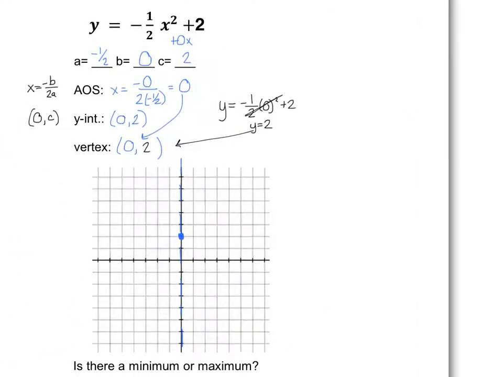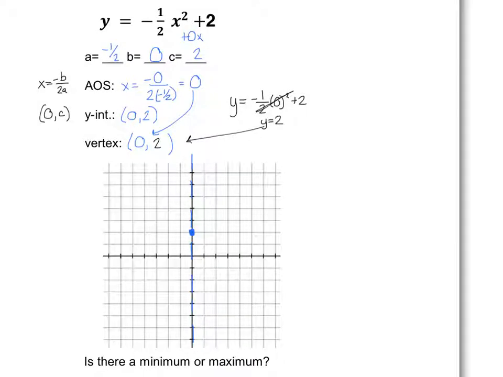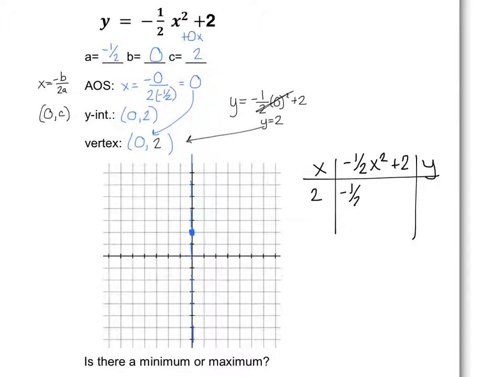So what could we plug in for this x that would maybe get rid of our denominator? 2. Okay, so for x, I'm going to plug in 2. So it'll be -1/2 times 2 squared plus 2.